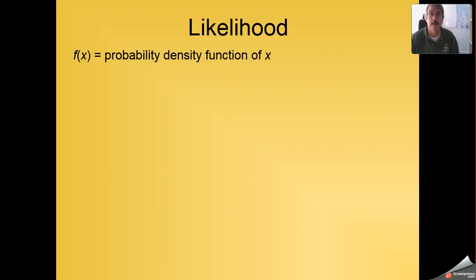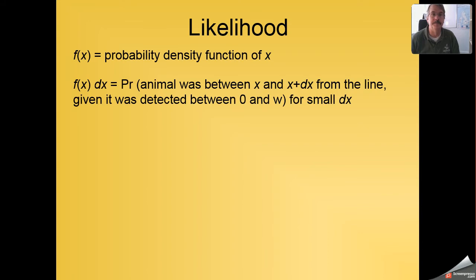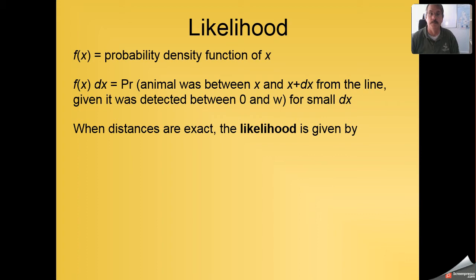So what's likelihood? Likelihood is going to be used in conjunction with our probability density function, f of x, which was defined as the probability that an animal is at some distance from the transect line between x and x plus dx, that conditional probability, given that it was detected somewhere between the transect line and our truncation distance w.